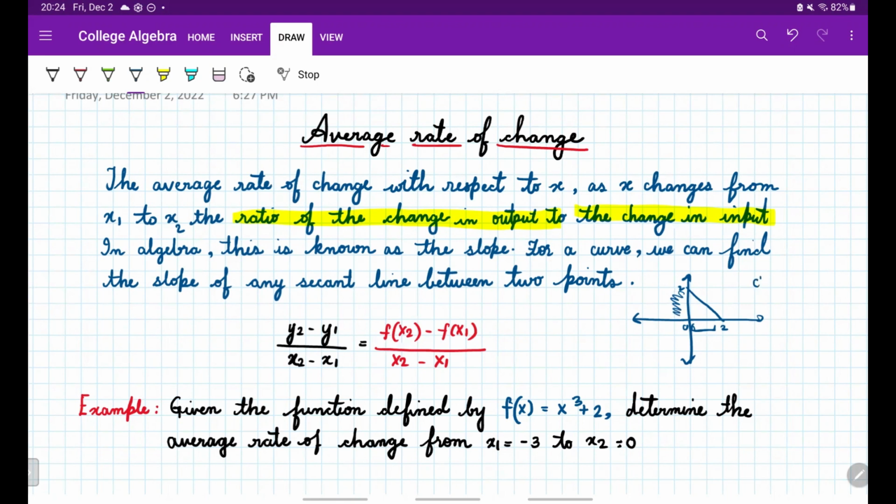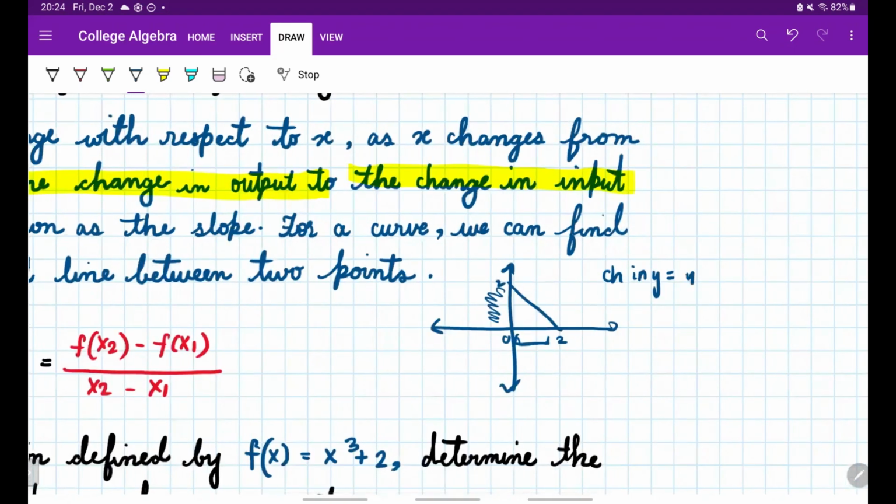So the change in y would be y2 minus y1, and the change in x here would be x2 minus x1.